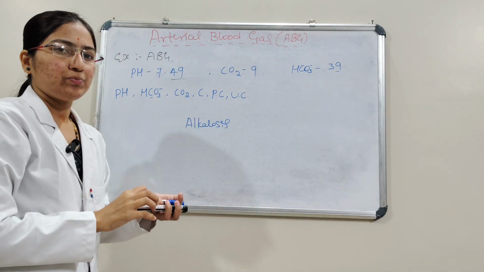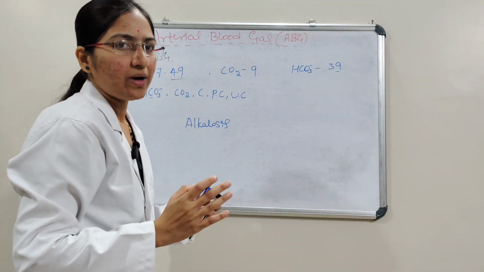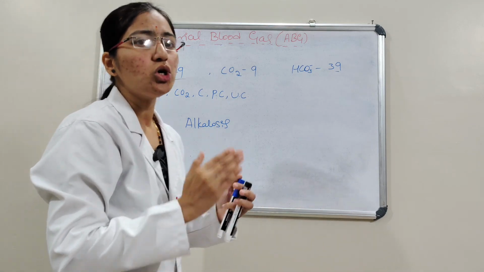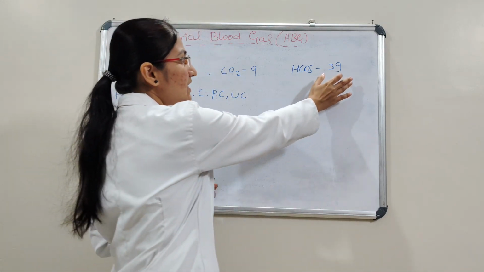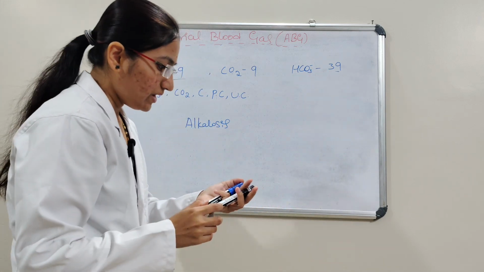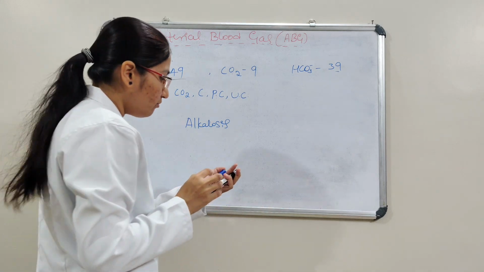Here also it is more than normal, right? Our normal bicarbonate is 22 to 27, but here it is exceeding, more than the normal. That's why it is metabolic alkalosis again.